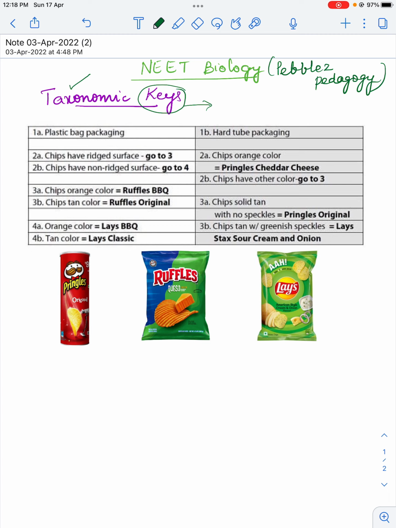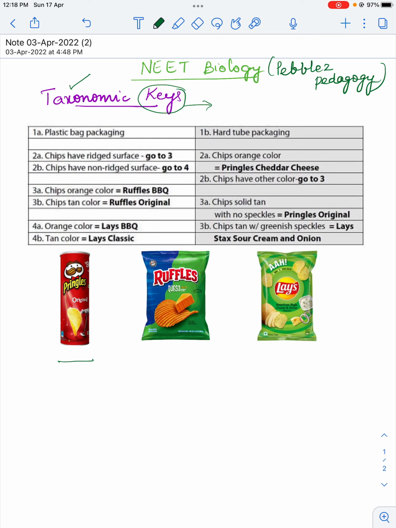Here I have a simple example. Let me go into the technical details later on. First I would like to give you a daily life example. Here you can see that there are three pictures, one of the Pringles, the other one of the Ruffles, and the third one of the Lay's chips.